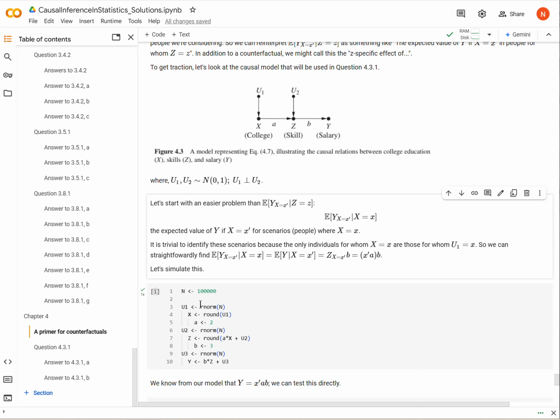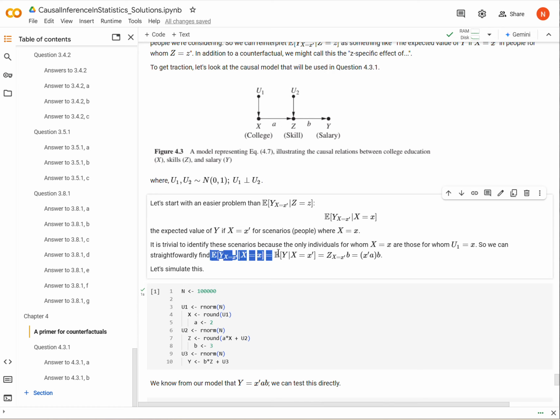Once we do that, for those individuals we can set x to x prime, and then just carry forward the DAG. So what does Y equal? Y equals Z times b. What does Z equal? It equals X times a.